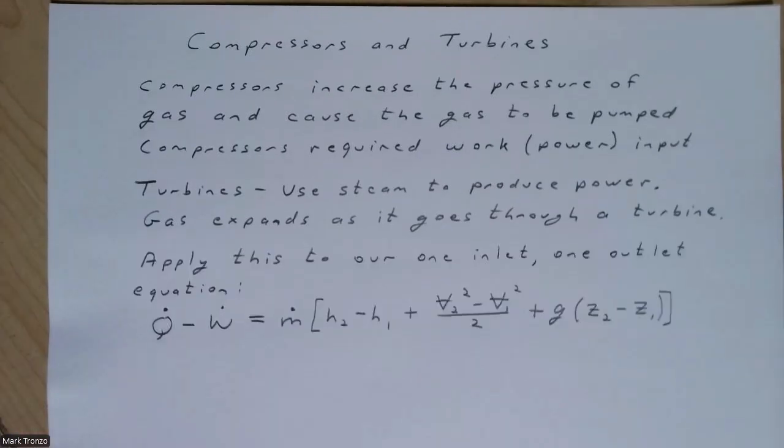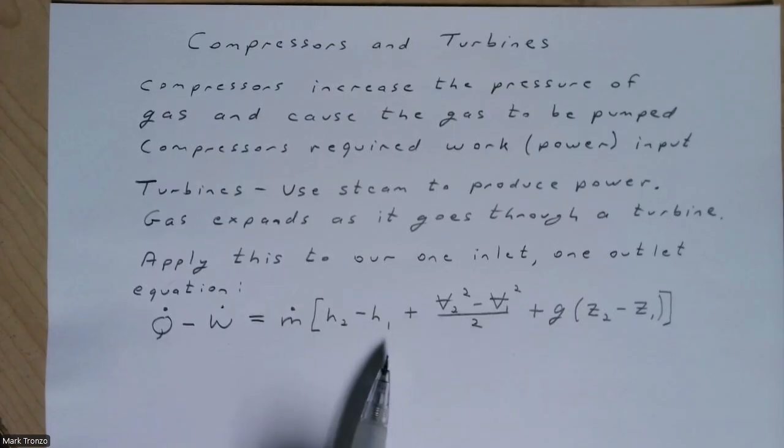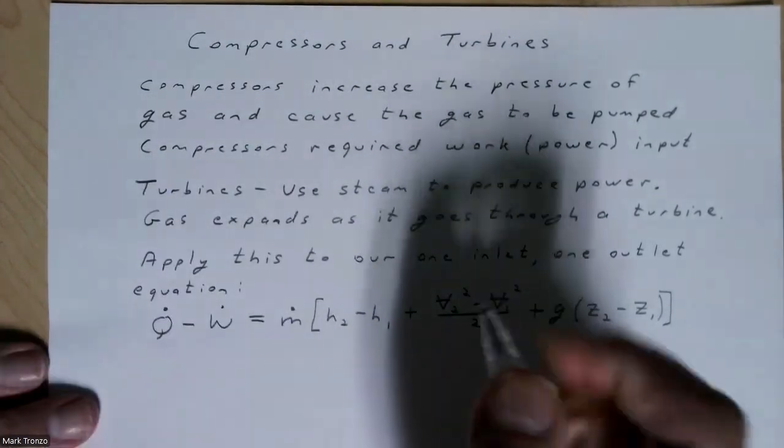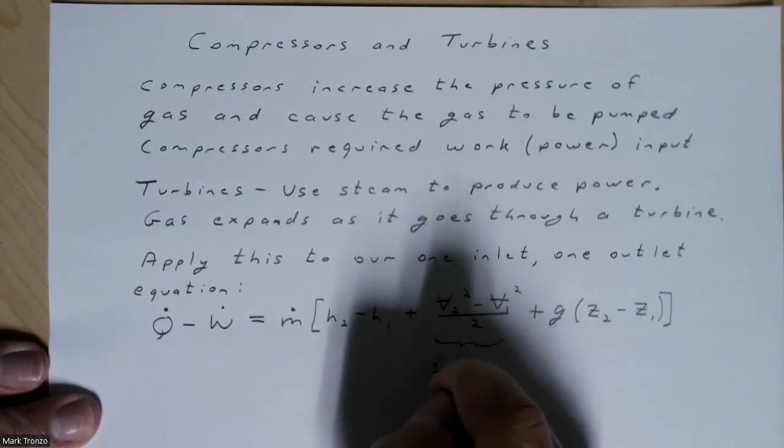Now let's apply this to our one inlet, one outlet equation of the first law. So remember, we had rate of heat transfer minus work times this equation. Now, for both compressors and turbines, we're going to assume that this change in kinetic energy is zero.